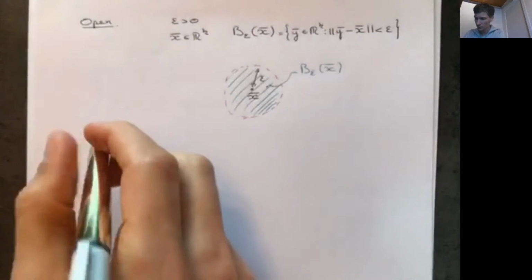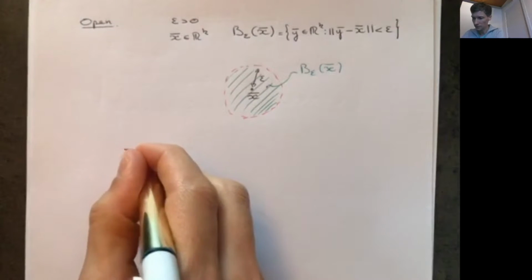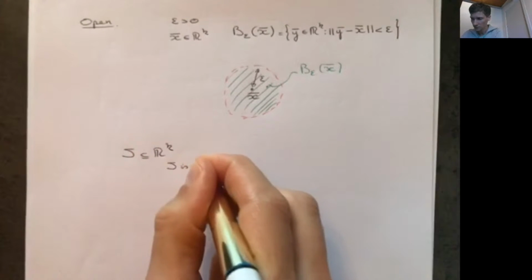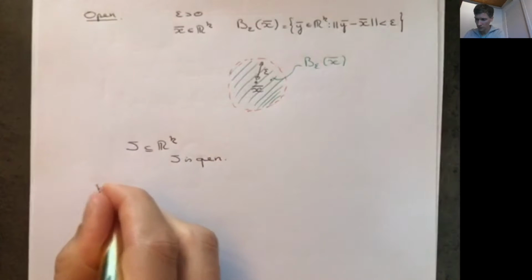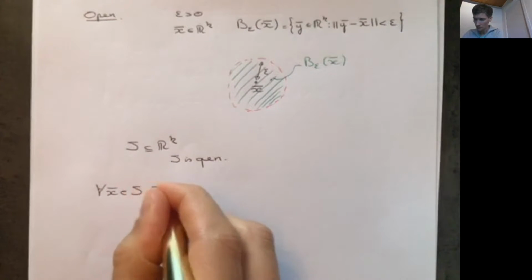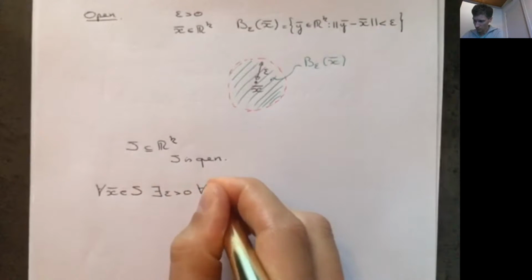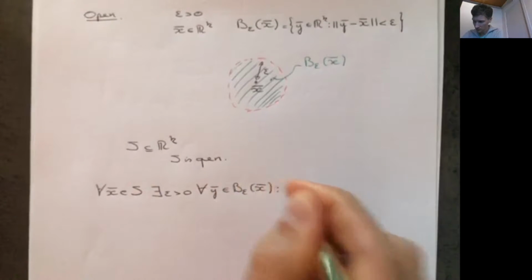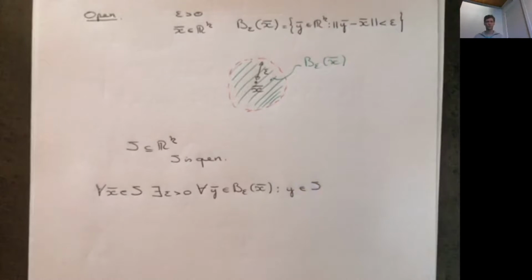Okay, now we are ready to define the notion of an open set. So let S be a subset of Rk, and then we say that S is open if the following holds. Well, for any vector x in this set, I can find an epsilon bigger than 0, such that for all vectors y in this ball of radius epsilon around x, y is also in S. Okay.